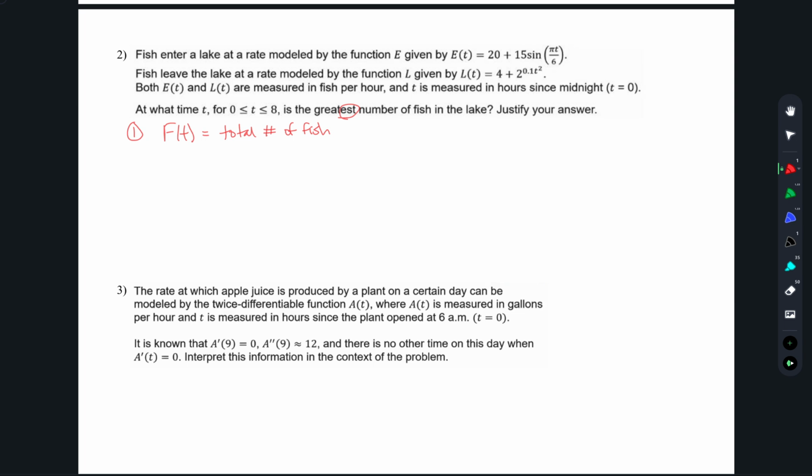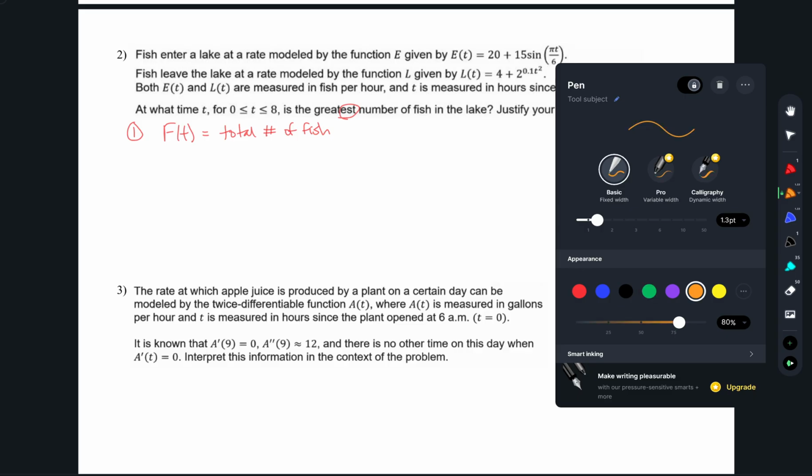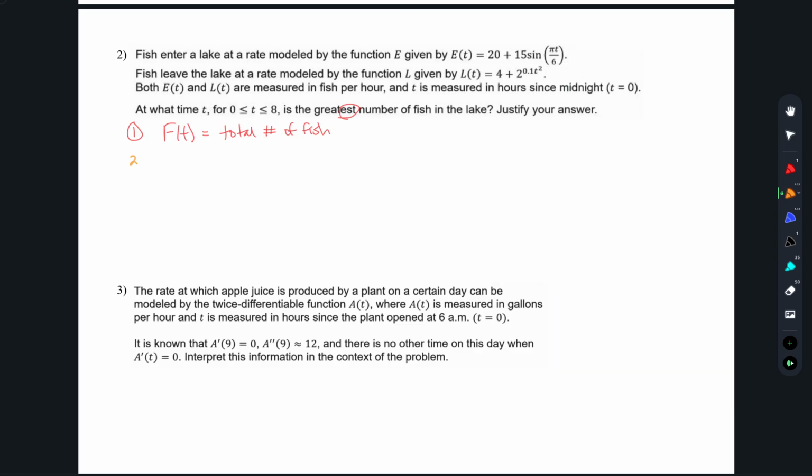So this one's weird, because step 2 is like when we adjust it for the equation. But this one is weird because none of those equations are the amount of fish.